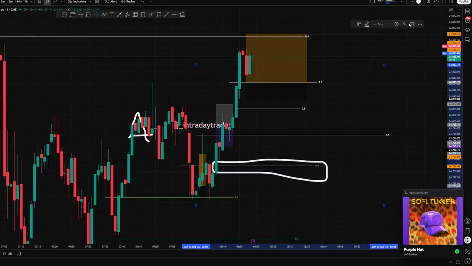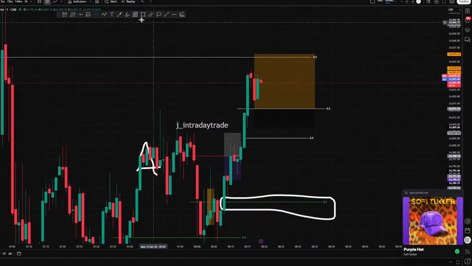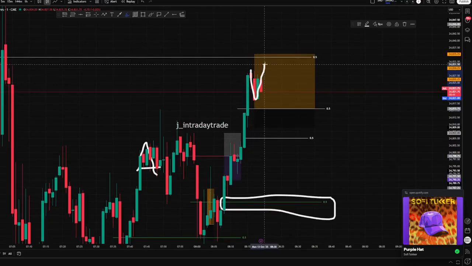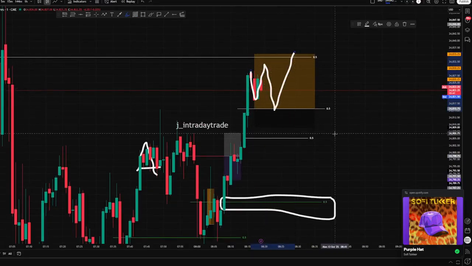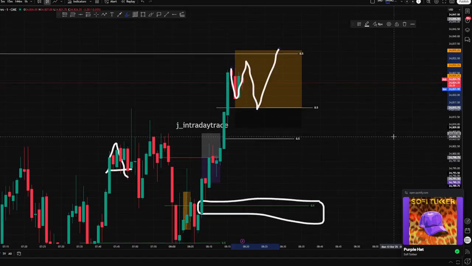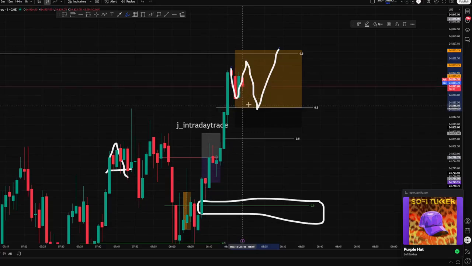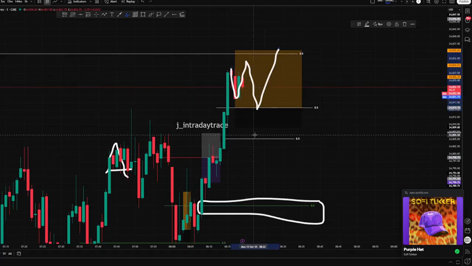Most likely. If it comes down here again, it's a failed 2 on CBC prematurely, so I'd be careful taking a long from here. But it's potentially still viable to take a long setup.